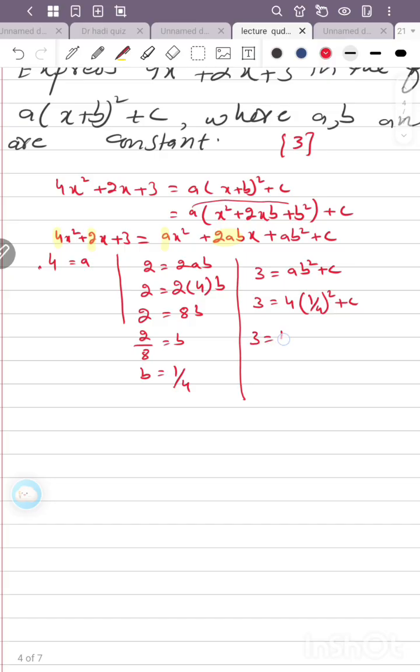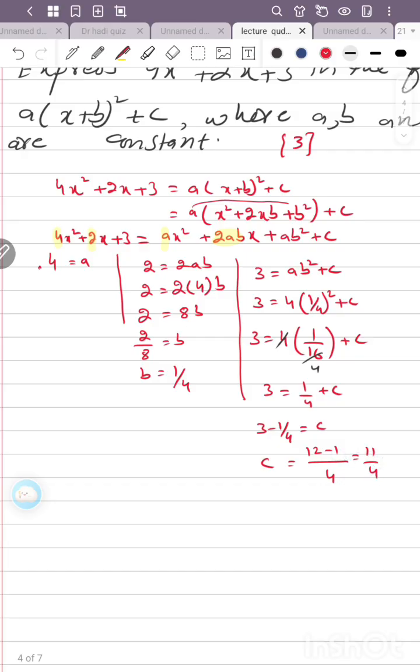Now 4 into 1 by 16, 4 fours are 16, so we cancel 4. The answer will be 3 equals 1 by 4 plus c. So 3 minus 1 by 4 equal to c, and if we take its LCM, 12 minus 1, it will be 11 by 4.